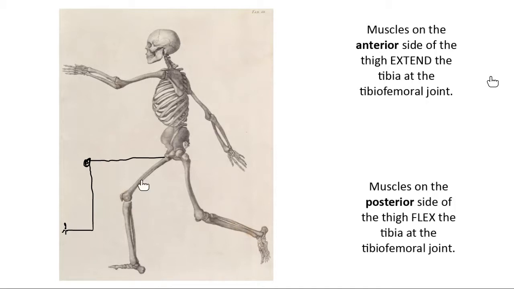If the distance between the femur and the tibia gets bigger, like when you kick a ball, that's extension. When I pull my thigh forward, when I bring it closer to my pelvis, that's flexion. So kicking a ball is a good example of flexion of the femur. The femur gets closer to the hip, and extension of the tibia, because the tibia gets farther away from the femur.